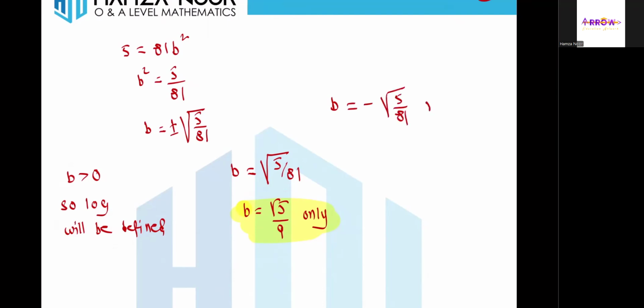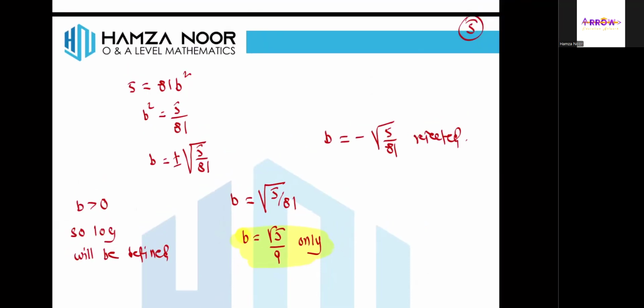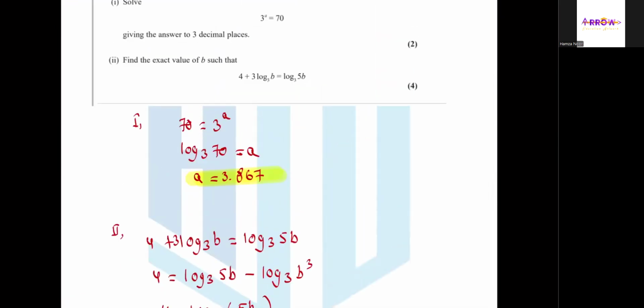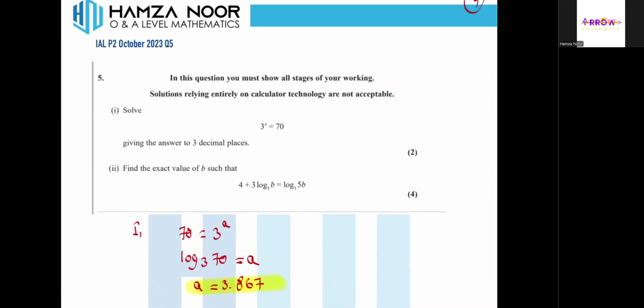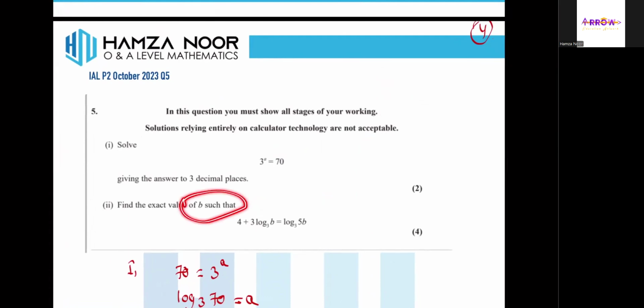Therefore b is equal to root 5 divided by 9, because the square root of 81 is 9. So b is equal to root 5 over 9 is your only acceptable answer. This was the requirement of part 2, where we were required to find the exact value of b.